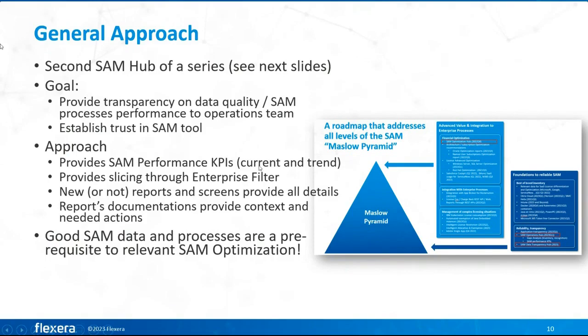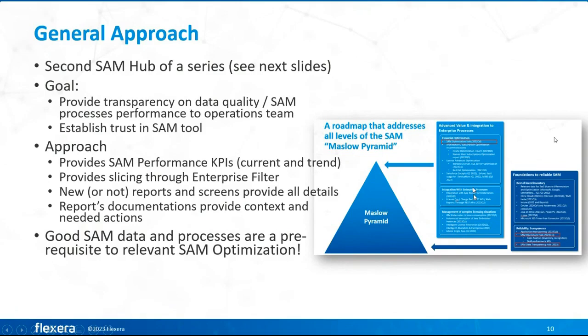So the idea is that in this famous Maslow pyramid of SAM, the base, which corresponds to the foundations and the necessary processes in SAM, which are related to inventory and visibility, you need to trust the foundations to be able, on top of the pyramid, to get high value, such as financial optimization or advanced integrations with enterprise processes.